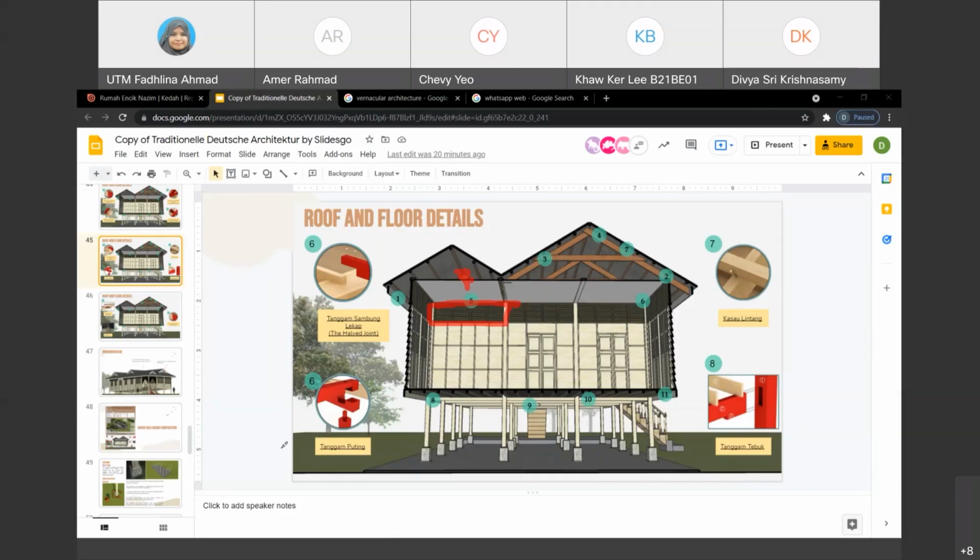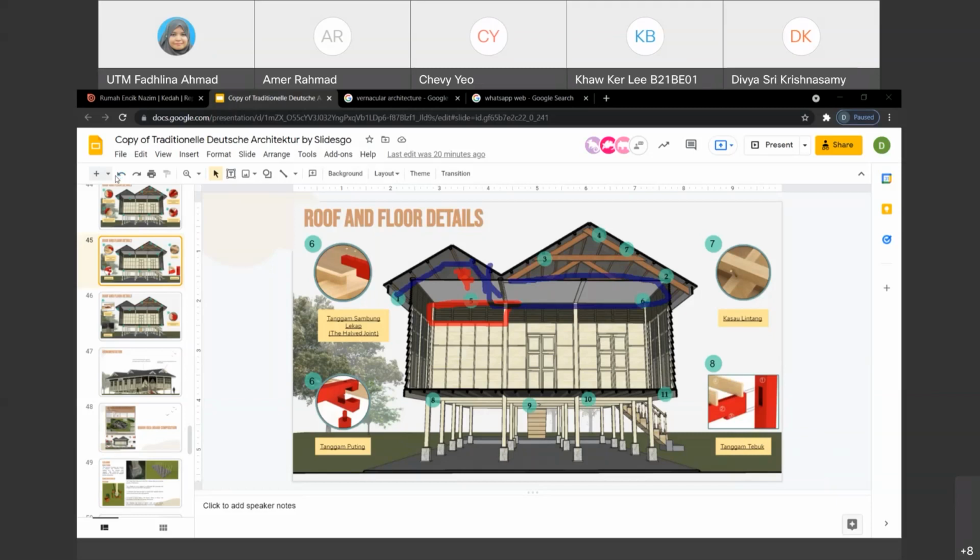So perhaps the way you show it, how to make it more clear, the location of each tanggam. Try to figure out ways on how to show this, because it is quite confusing. I thought it is somewhere on the ventilation panels, right? Next time I just remove the ceiling. Can do. So only one part, you can maintain the ceiling over here. Try to figure out ways on how to show it over here.